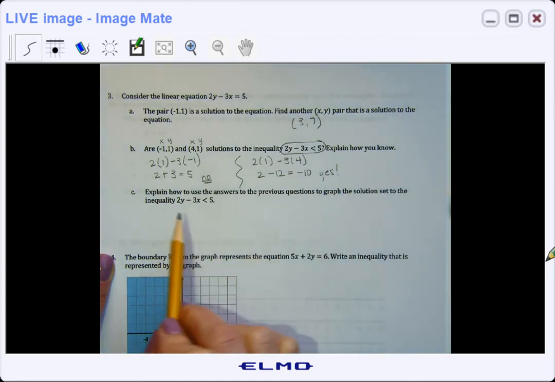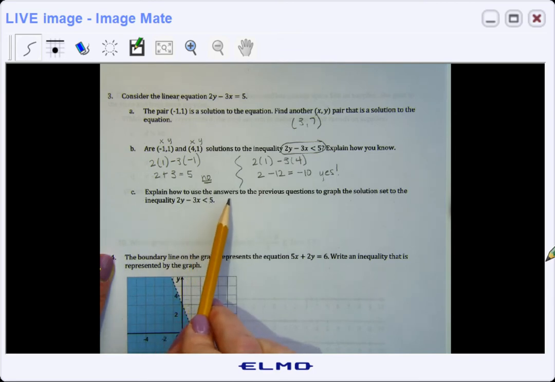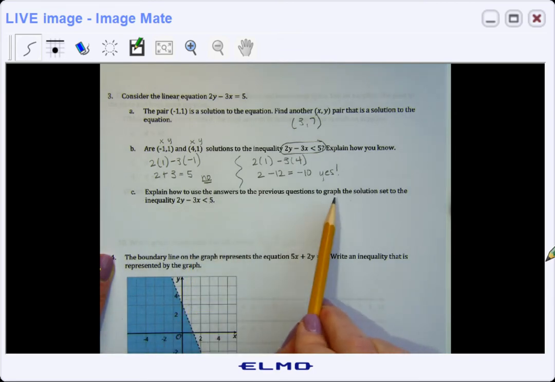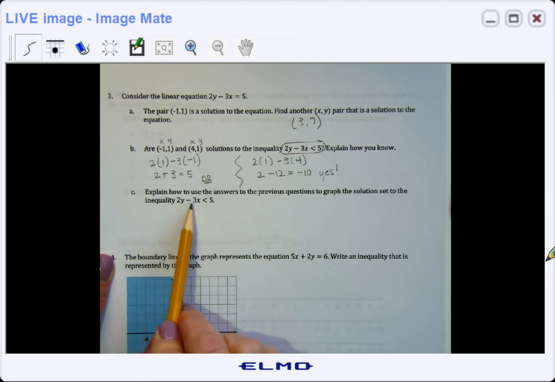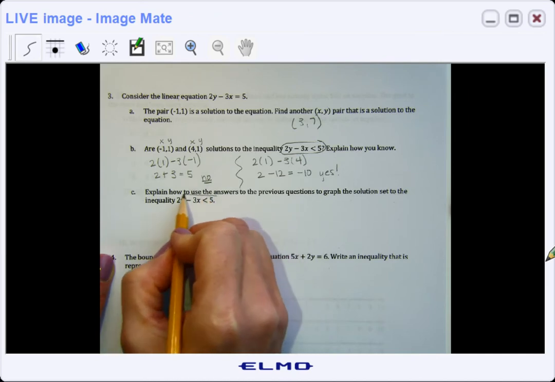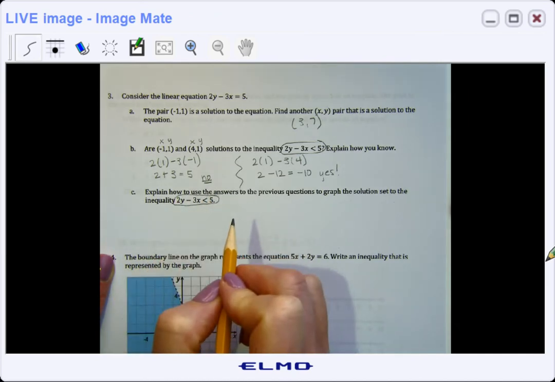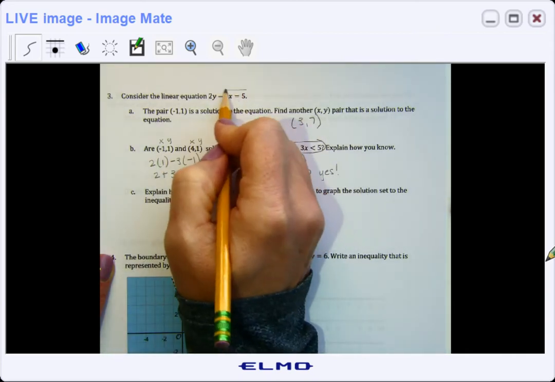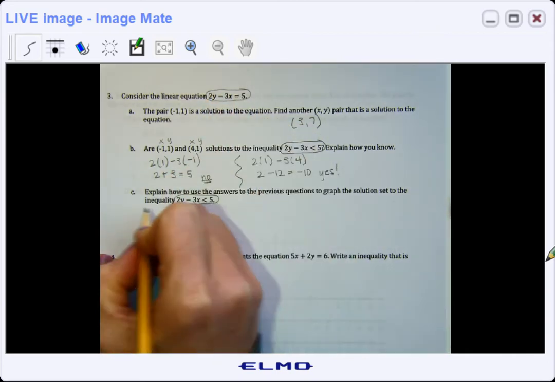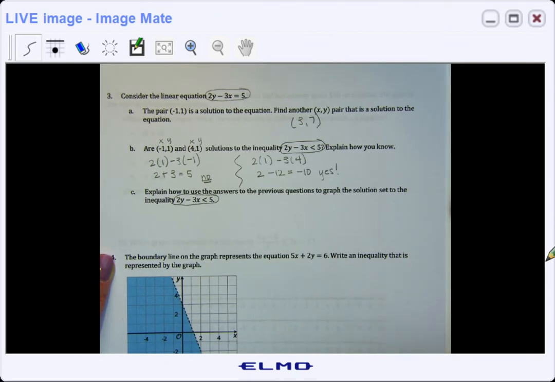So then the question is, explain how to use the answers to the previous questions to graph the solution set to the inequality 2y minus 3x is less than 5. So the first part for the inequality is that you would graph the line. Okay, so would you use a dotted line or a solid line?